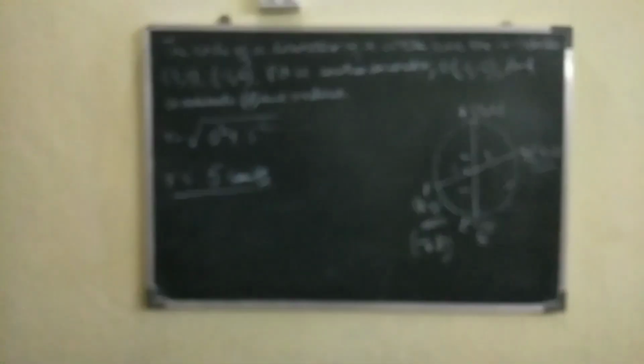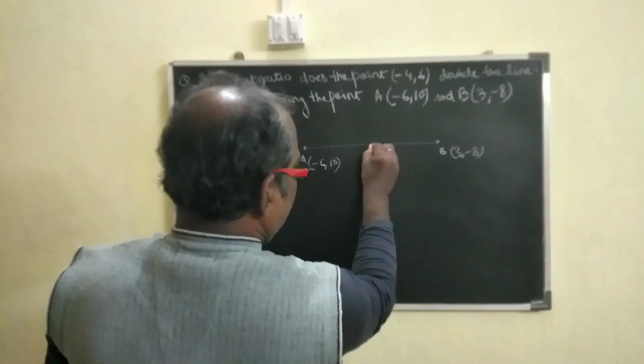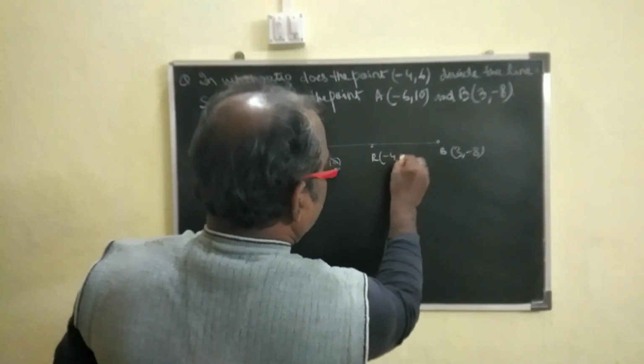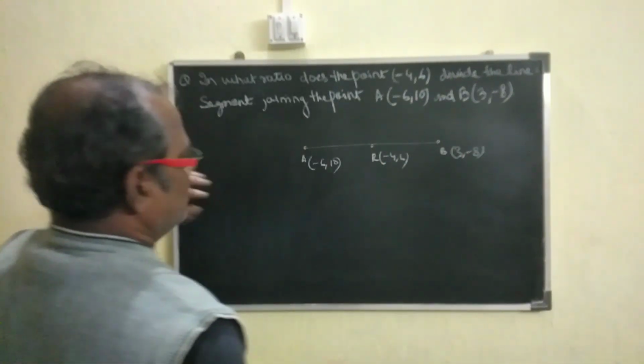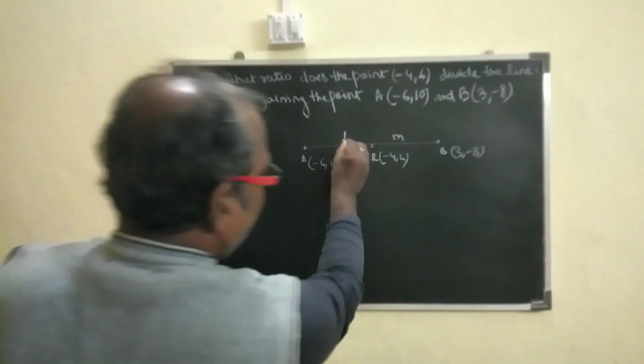In what ratio does the point minus 4 comma 6, let this be point R, minus 4 comma 6, divide the line segment? Let it be L is to M ratio. Then we have to find out the L is to M ratio.